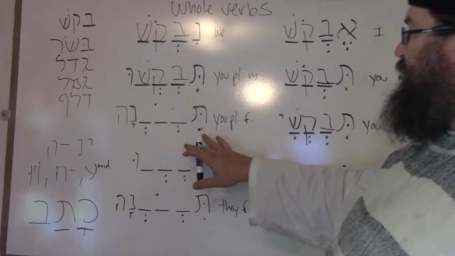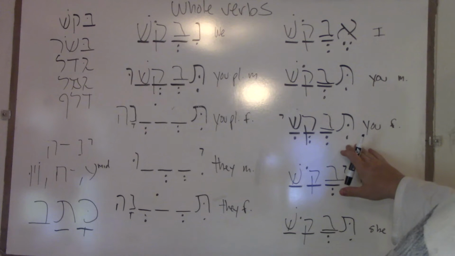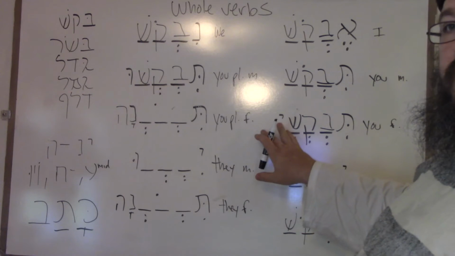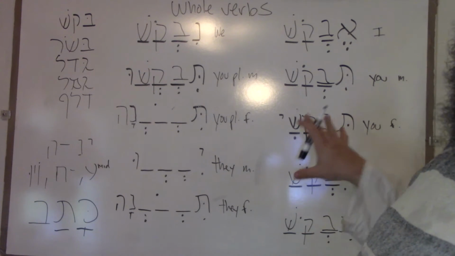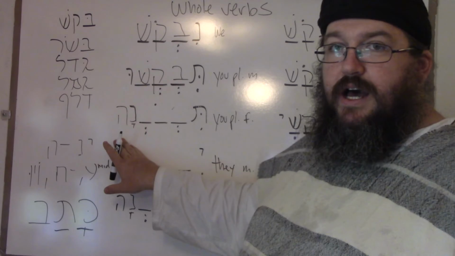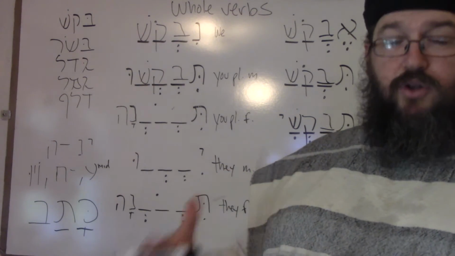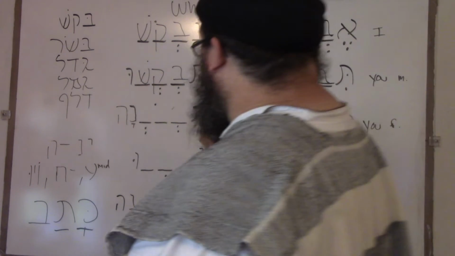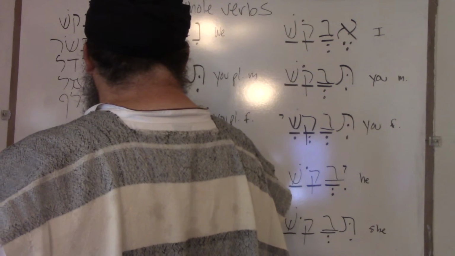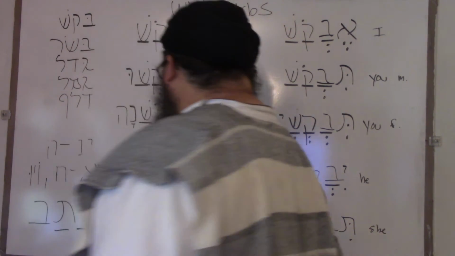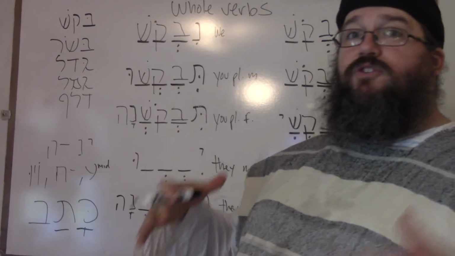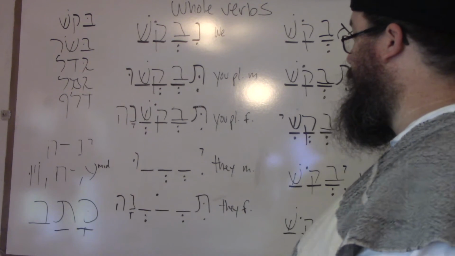And we think of ti, as in tivkshi. We know that with tivkshi, the yud indicated here with the tav, that this was the singular form. Well, here, the na with the ti is indicating the plural form. So we're talking about the second person plural feminine form. So here, when we add the root bet, kof, shin, what do we have? Tivkosh na, which means you, plural, will seek.